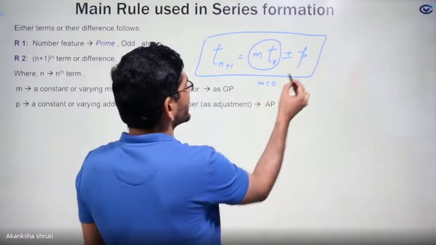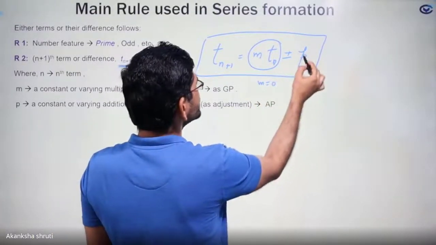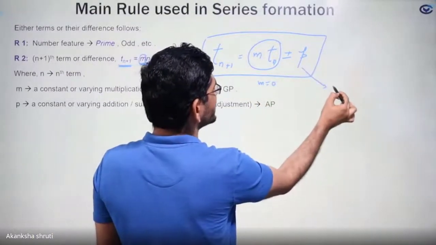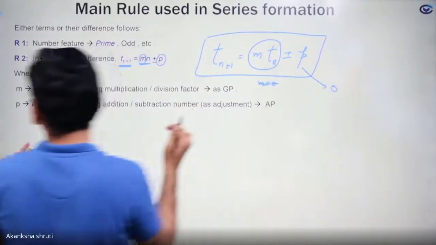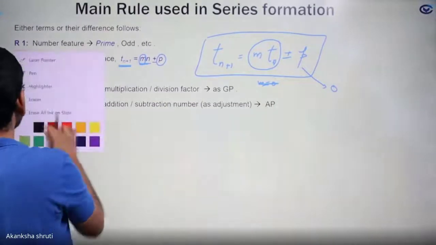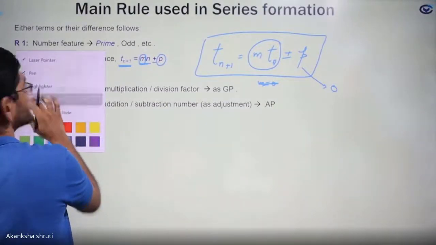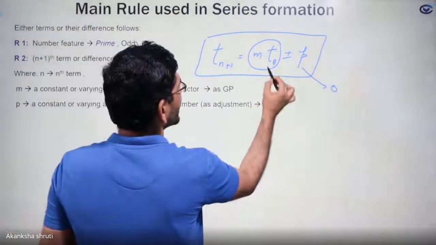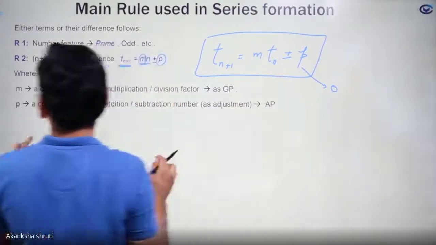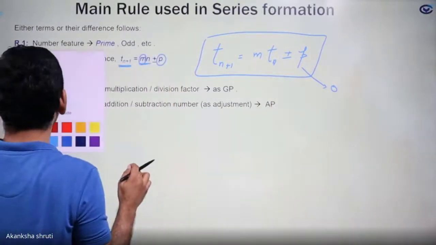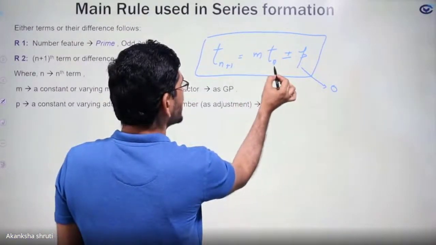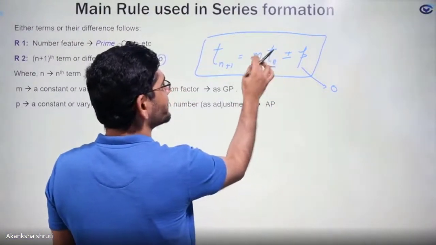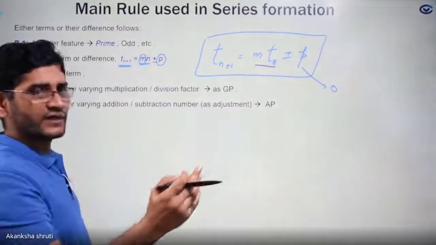The next one: if this p is made 0 and m is not 0, then we get that the next term is obtained by multiplying the previous term by some number, like a table.